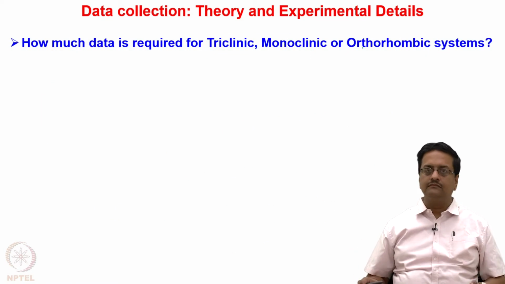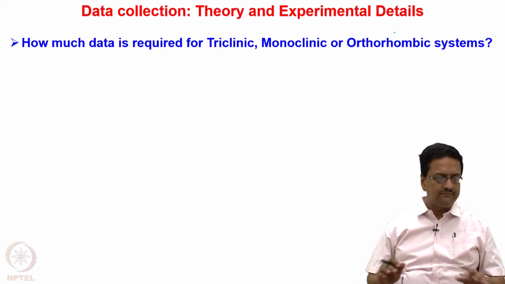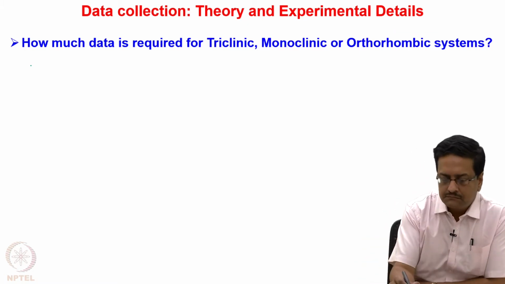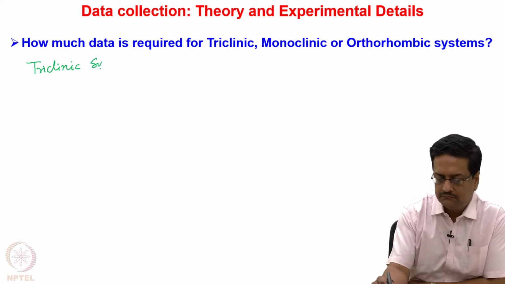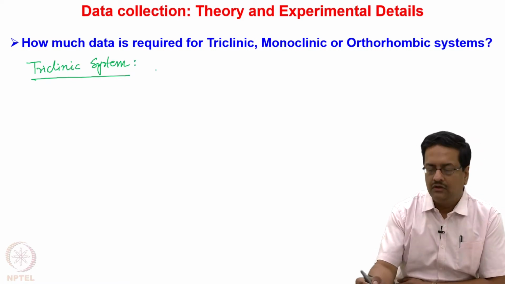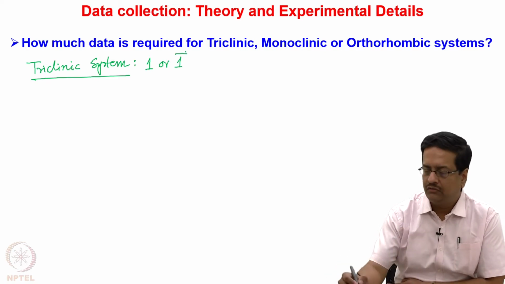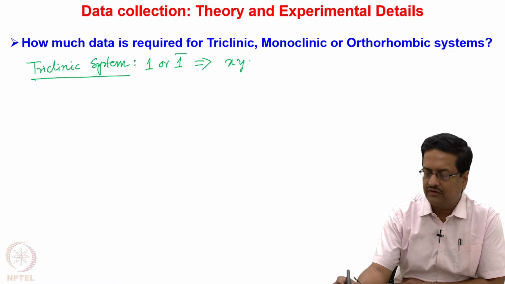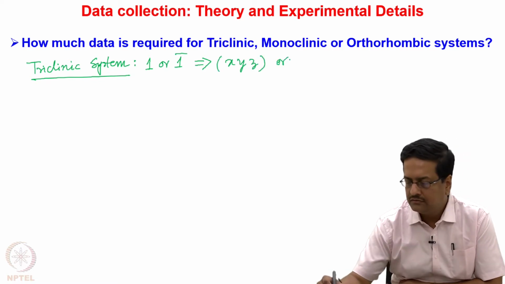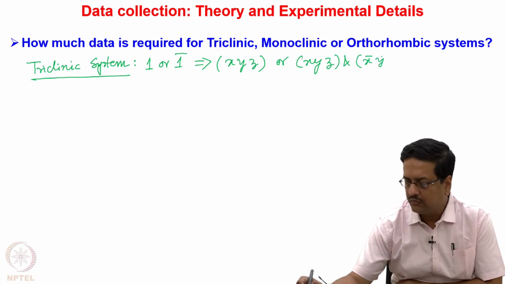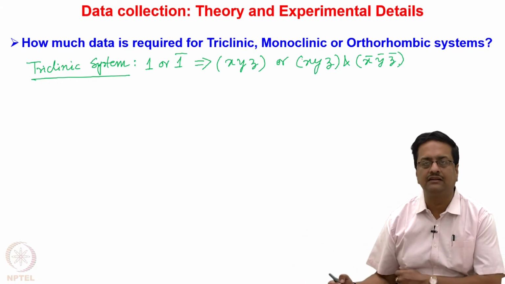So now, when we have a triclinic system, what symmetry do we have? We can have maximum one bar, which means we can only have x, y, z and x bar, y bar, z bar as equivalent points.